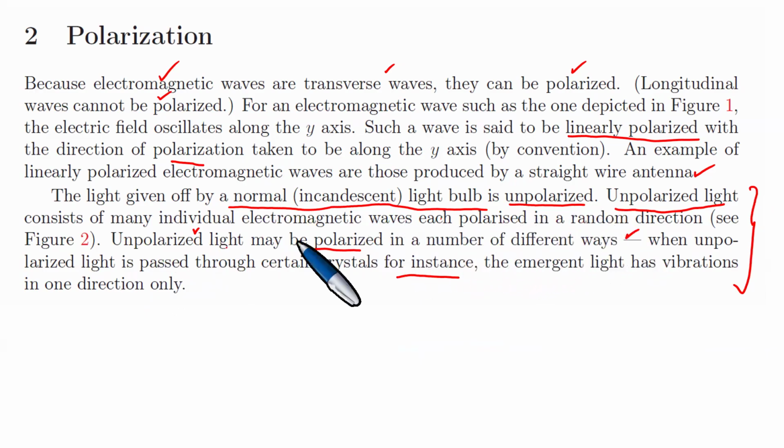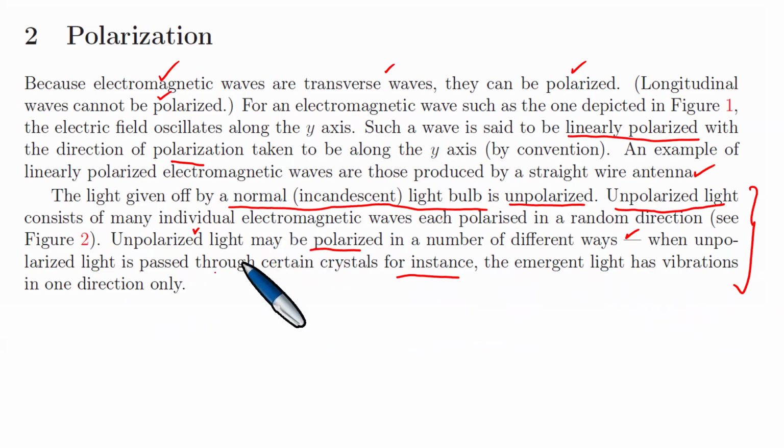Unpolarized light consists of many individual electromagnetic waves, each polarized in a random direction. See figure 2.